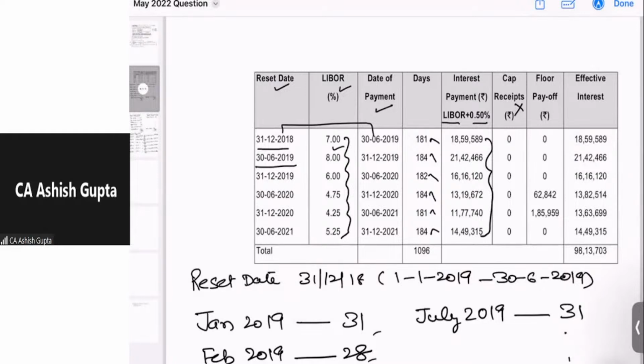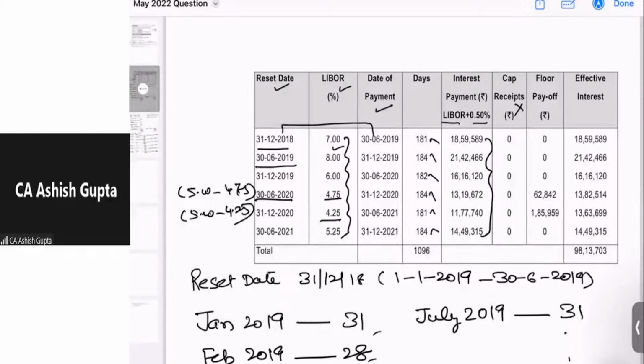Rather, we have to pay, because the LIBOR rate is less than our strike rate, and the difference will be 0.25% and 0.75%.